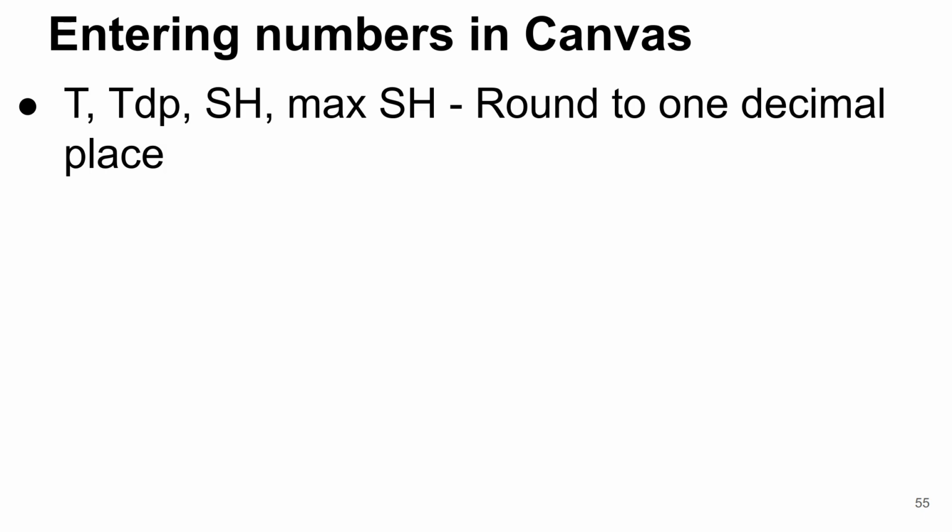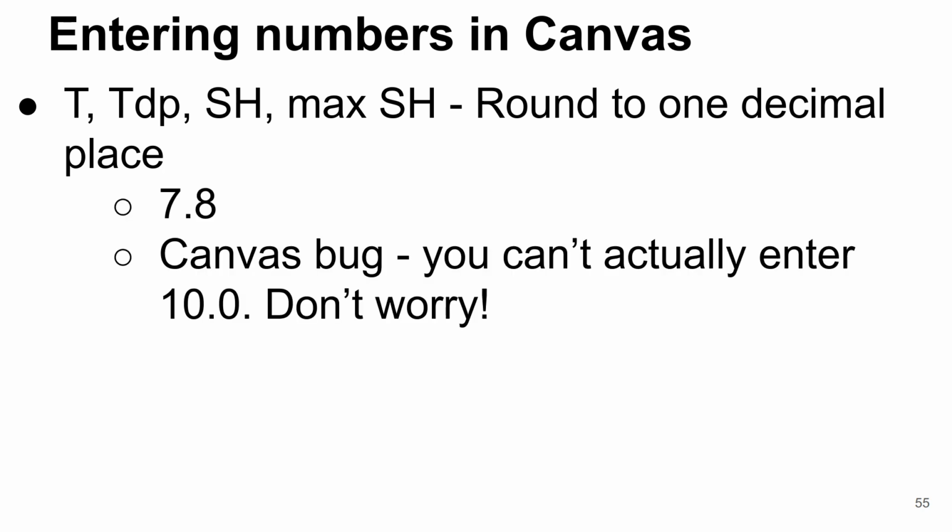When you enter numbers in Canvas, temperature, dew point temperature, specific humidity, max specific humidity, all of those we're going to round to 1 decimal place. There's a bug in Canvas. If you get something like 10.0 or 1.0, anything with 0.0, you can't actually enter the 0.0, so don't worry about it.